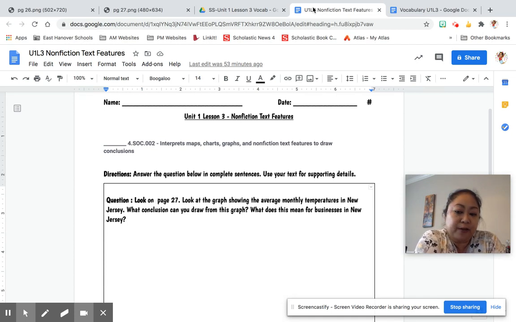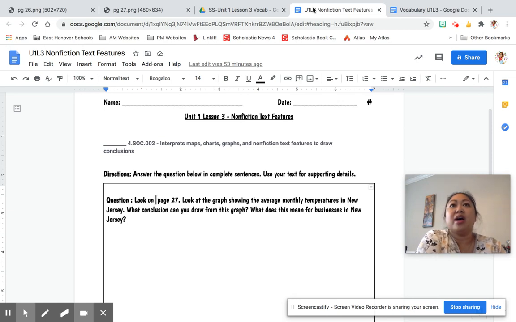And think about different businesses in New Jersey. Farming. I know a lot of you spend time in the summer down the shore. So the businesses at the boardwalk or down the shore, how does the weather and the climate affect those businesses? Farmers. What about farmer's markets?